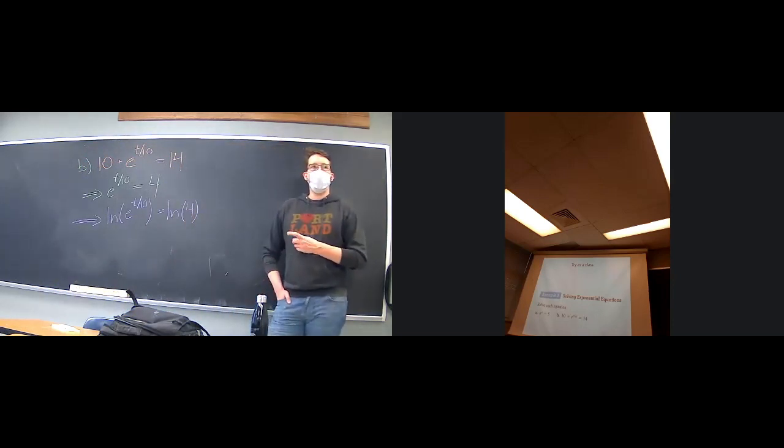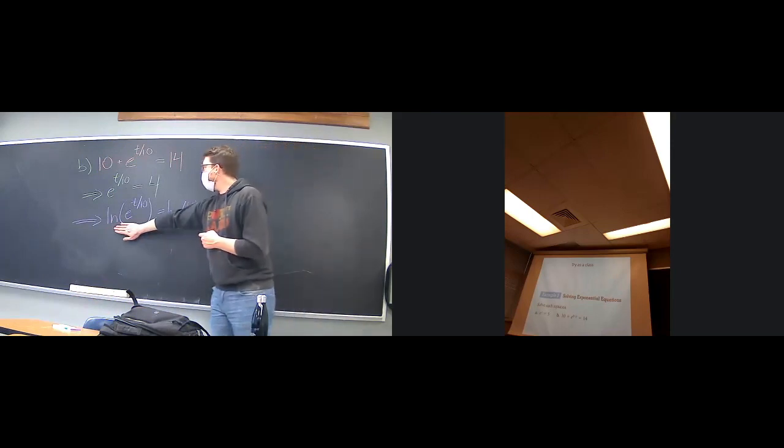Why do we want to apply the ln to both sides? Folks at home, what do you think? Why do we want to apply the ln to both sides? It's because the ln is going to undo the exponential.